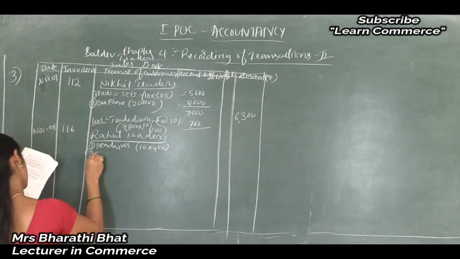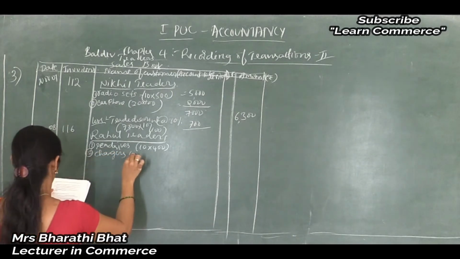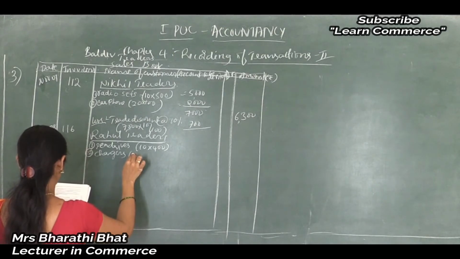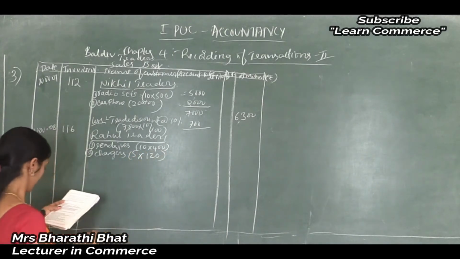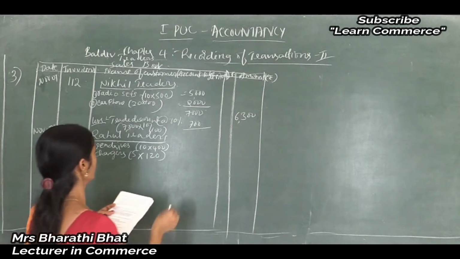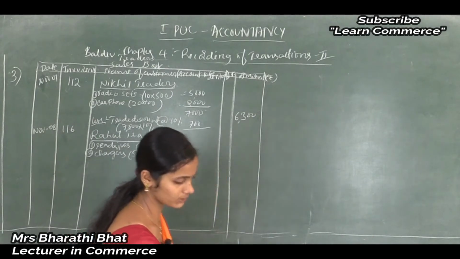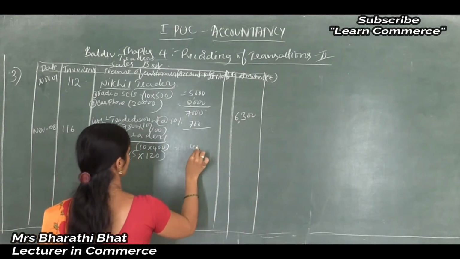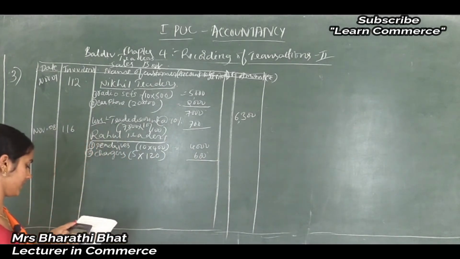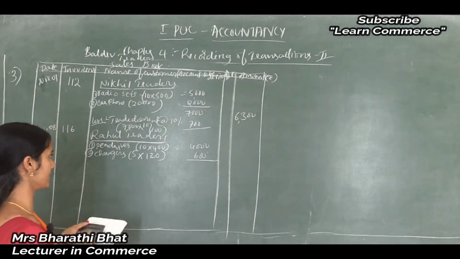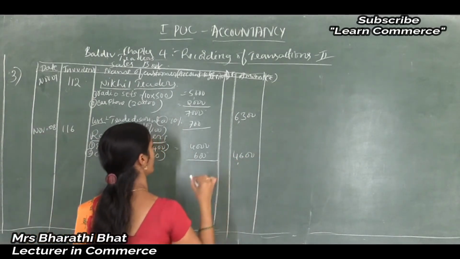And the second one is chargers, 5 into 120. There is no trade discount. So just write the amount 4,000 and 600. 5 into 120, 600, 10 into 400. So 4,600 in the amount column.